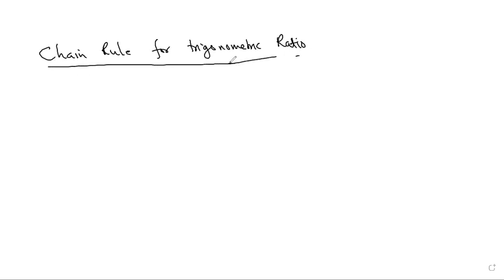Chain rule for trigonometric function. Trigonometric ratios you write instead of function. Anything will do. d by dx of sin u.